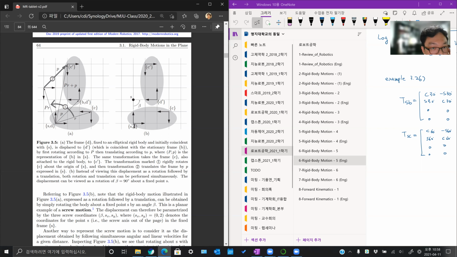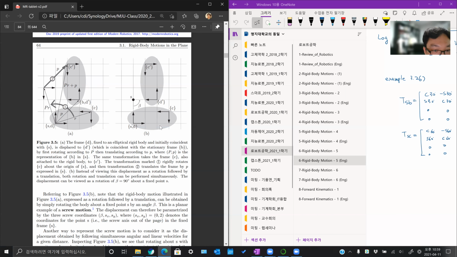So the D position, D coordinate moves to D prime, and the C coordinate moves to C prime, very simply. So let's think about this one. Actually, this transformation was done with rotation first and then translation. So it is a little bit complex.